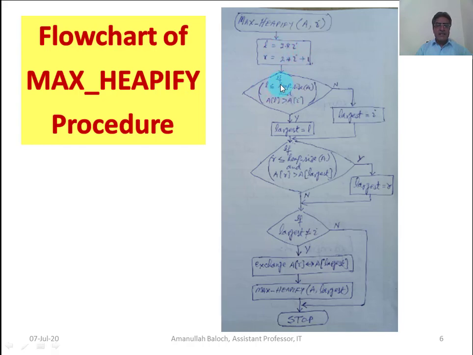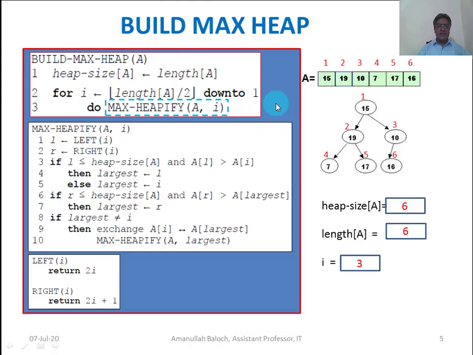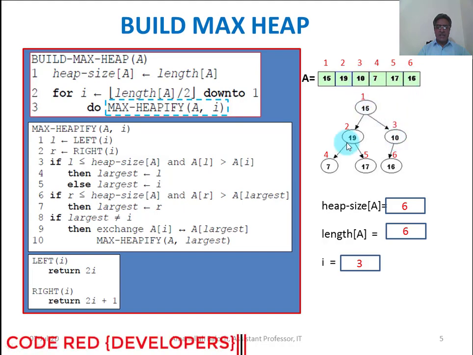If L is less than or equal to heap size, which is 6. Yes, 6 is equal to heap size, and A of 6 is greater than A of 3. Yes, at the A of 6 location the value is 16, and at A of 3 location the value is 10.